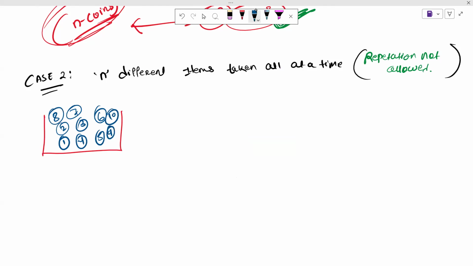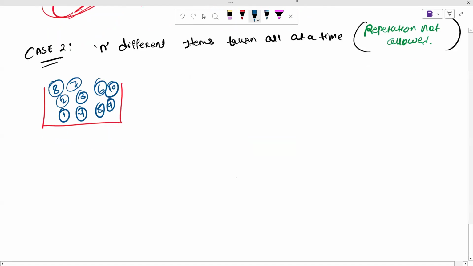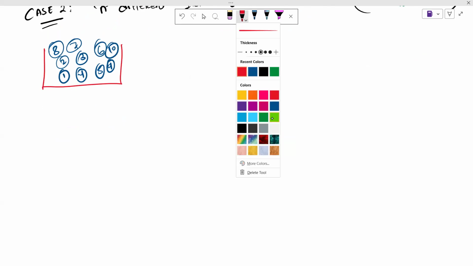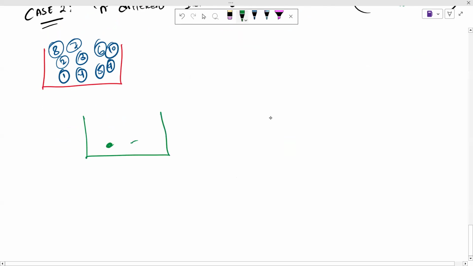So here, as he said, repetition is not allowed. Before that, let's understand one concept. One box is there, and inside the box there are balls: 1, 2, 3, 4, 5, 6, 7. 7 balls are there.